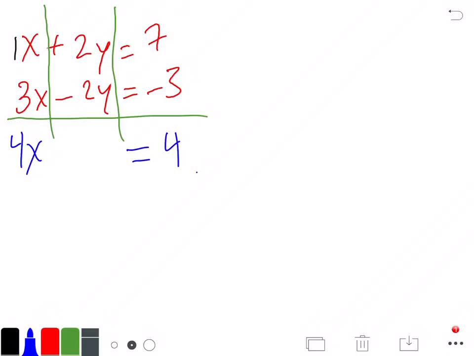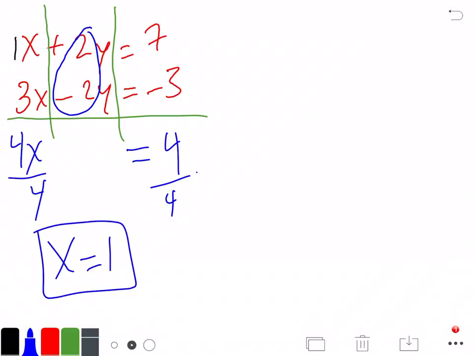The beauty of elimination is that when you have a pair of opposite coefficients, like we did right here, you had 2 and -2, when you combine down the columns, that variable is going to go away. 2y plus -2y, or 2y minus 2y is 0, so it's gone. Now we have a one-step equation. All we have to do is divide each of these sides by 4, and we get our x value of 1. Since this is a system, we're still looking for an ordered pair as an answer.